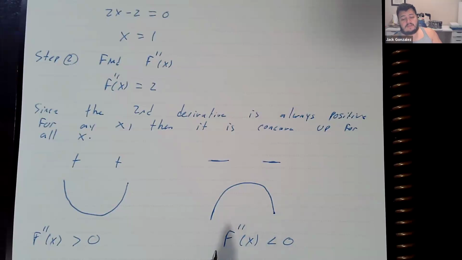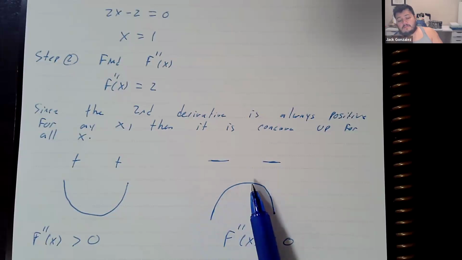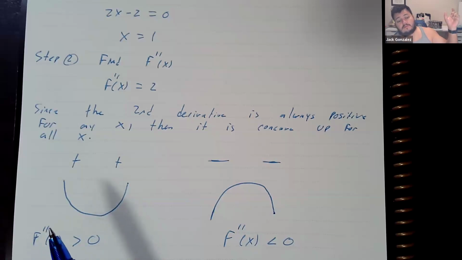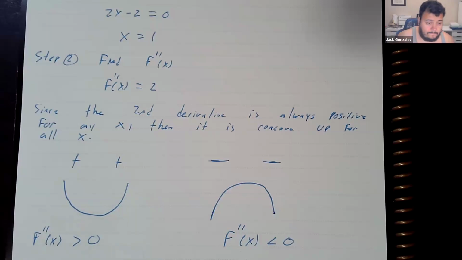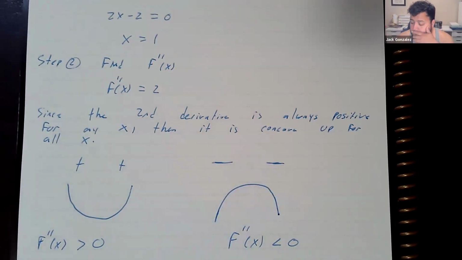If your second derivative is negative, then you have concave down. So somewhere on the graph where you chose, it would be concave down if you got a negative value. If you got positive, then it's opening up, and whatever x you chose, it would be concave up. Is that clear?